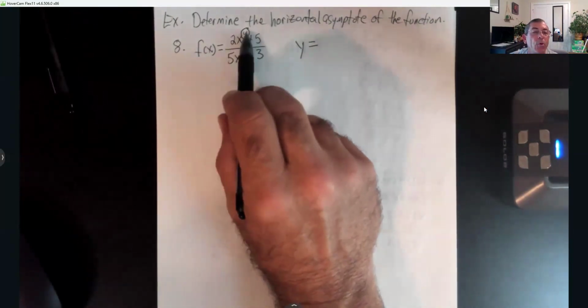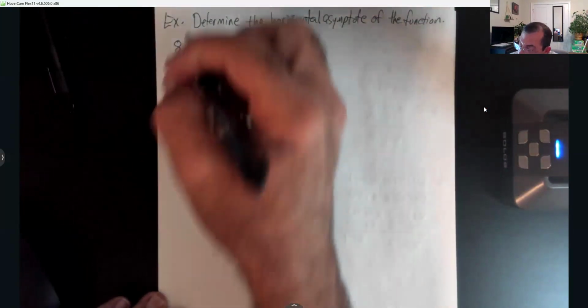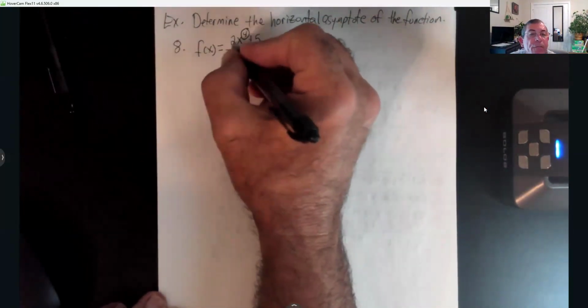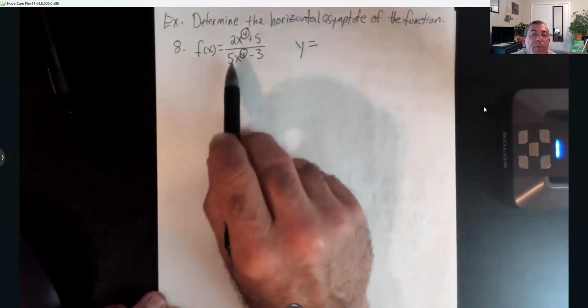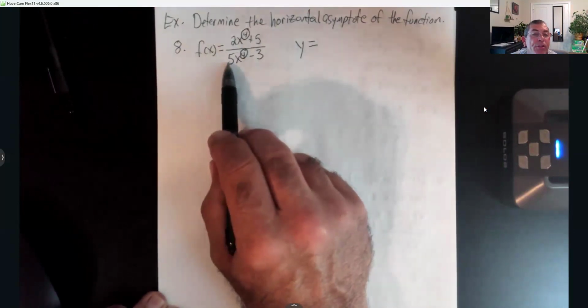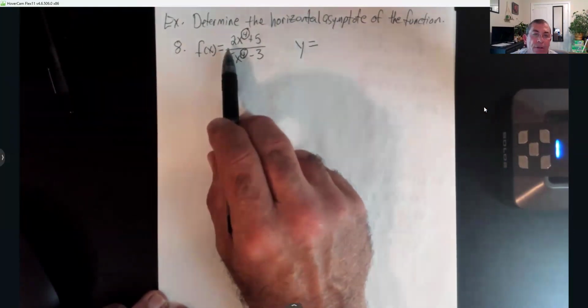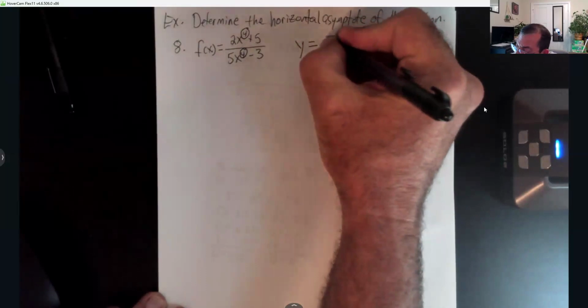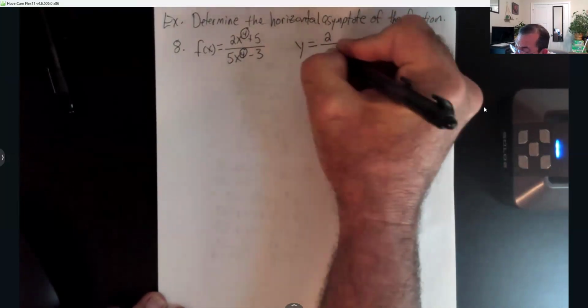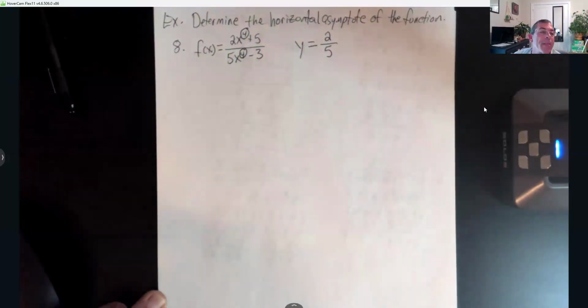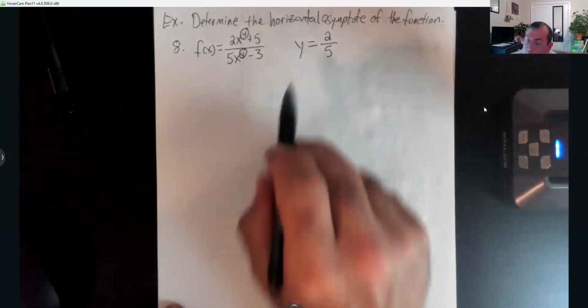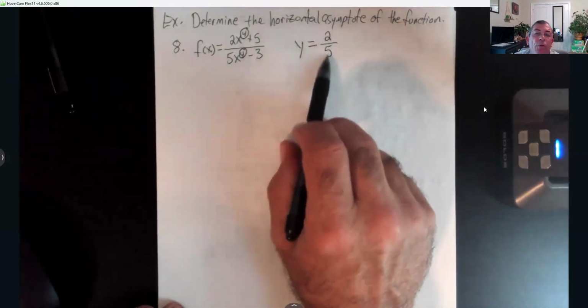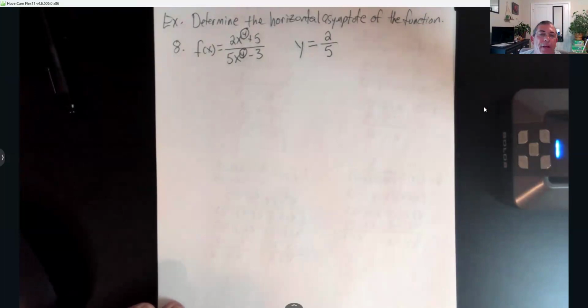Remember, if they're equal, what we're looking at are these numbers in the front. Remember, this is your A over B, your lead coefficients. So it'd be A over B, which will be what? 2 over 5. All right, so Macy, replace the A and B with your 2/5 and be good with it, okay?